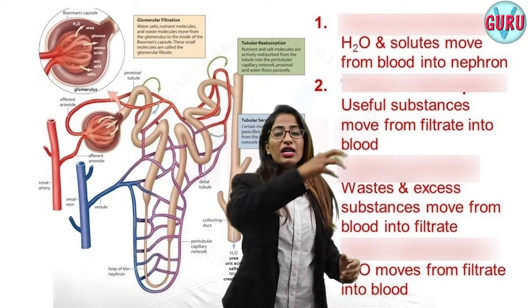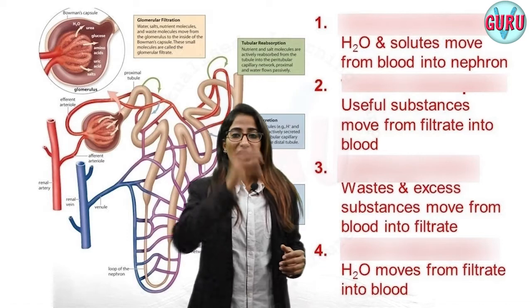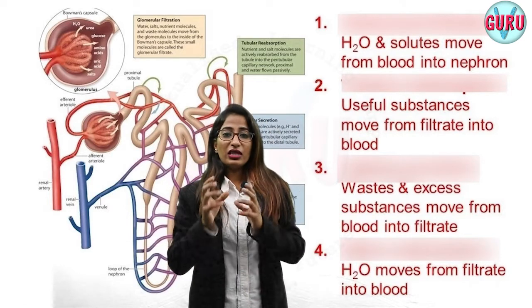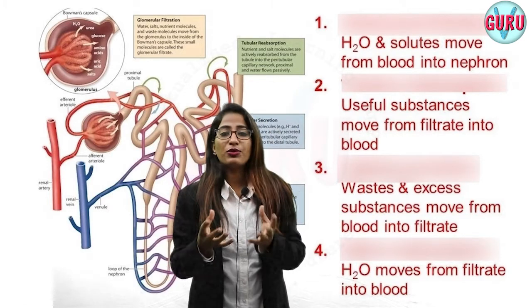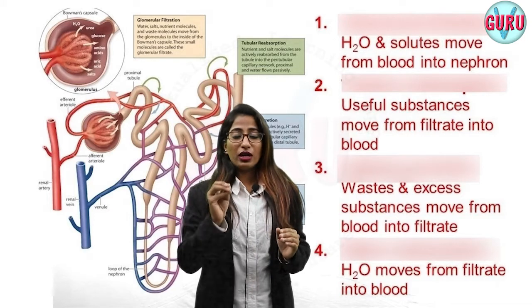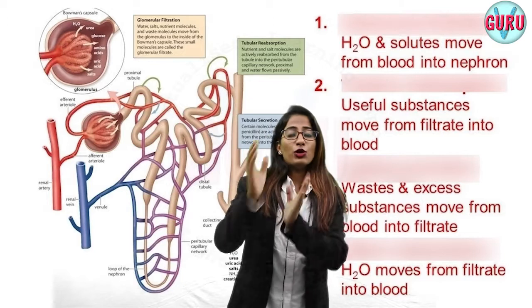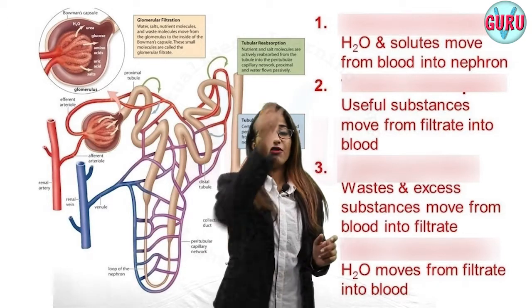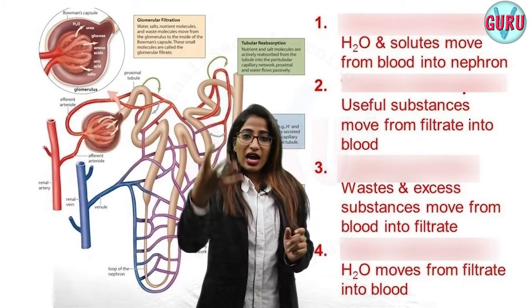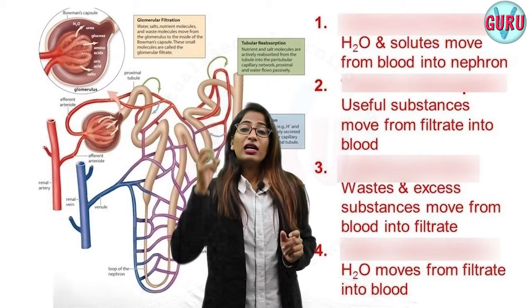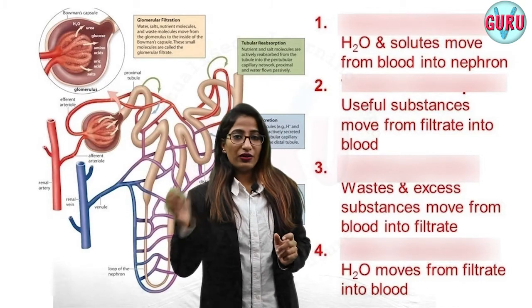Whatever the useful substances are there, they are absorbed by the peritubular structures from the efferent arteriole, and they absorb the material. This is the second stage.